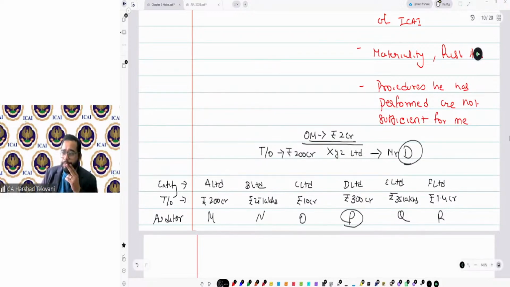What do you think? Do you think Mr. D can be called a principal auditor when he is auditing only 200 CR, but P is auditing 300 CR?